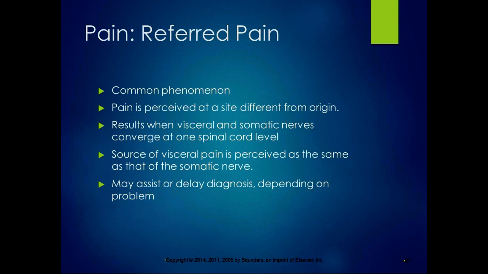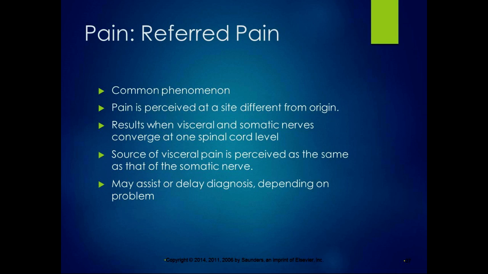It can assist or delay diagnosis depending on the problem. So in the example of appendicitis, it assists diagnosis because it refers pain to a super specific spot. And right away you can say, oh, that's it, that's the appendix.